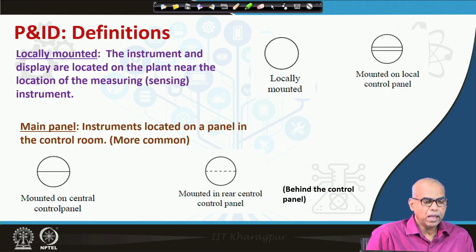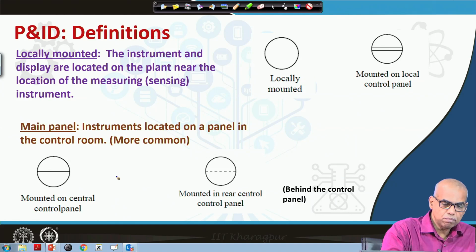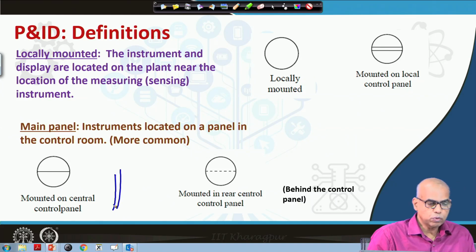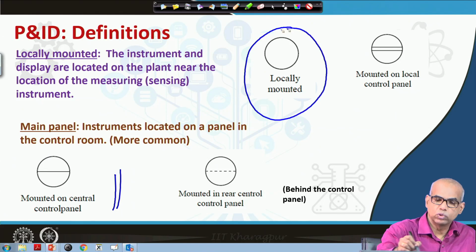Instruments located on a panel in the control room will be called instruments on main panel. This symbol is for instruments mounted on central control panel, whereas this one is for locally mounted.